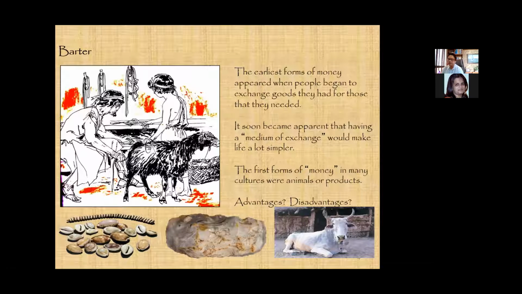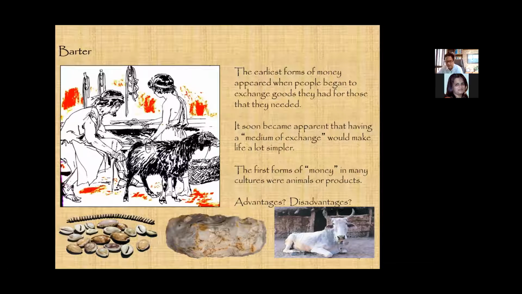That was the kind of system that existed. We all know that. The question is, what would be the advantages and disadvantages of this kind of system, where earlier it was working well, right? You give a quantity of rice, you take a quantity of wheat, and that exchange works absolutely fine.